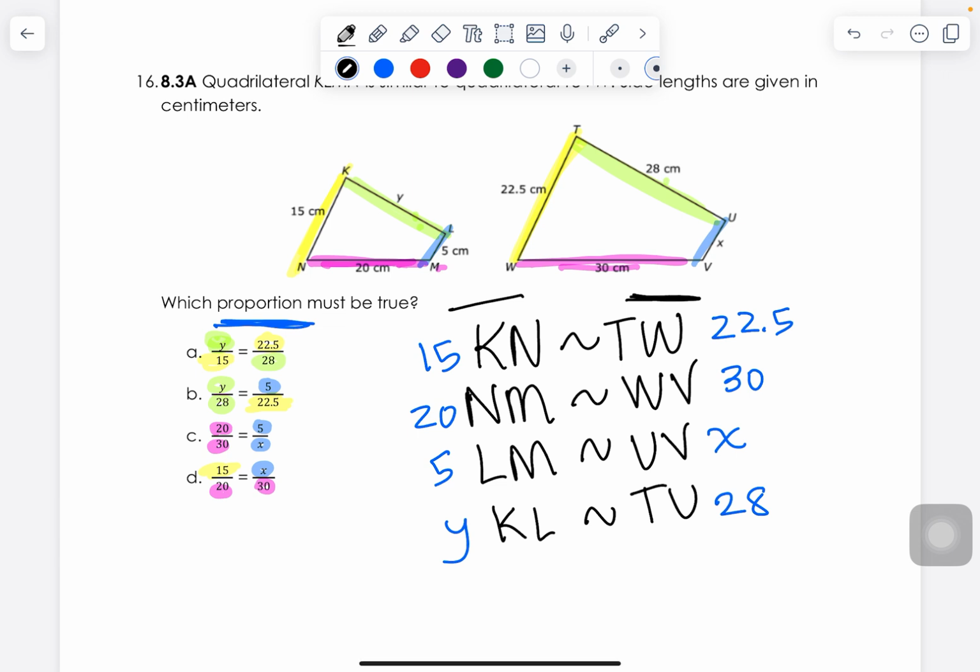When we're corresponding, I need to have my bigger figure and my smaller figure set up a certain way, where the corresponding sides are equal to one another. So if I take, for example, here, I've got green, yellow, yellow, green. This is not corresponding. Corresponding will never cross the equal sign like this. So this is mixed up.